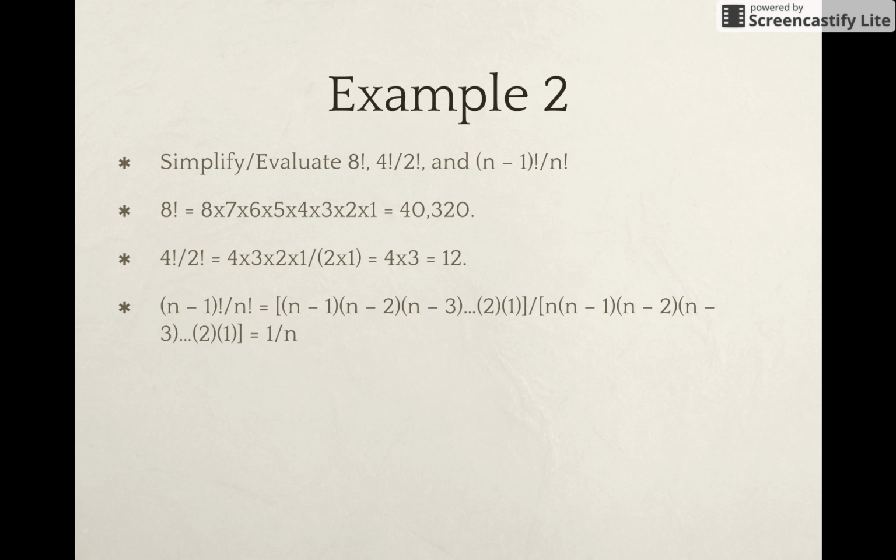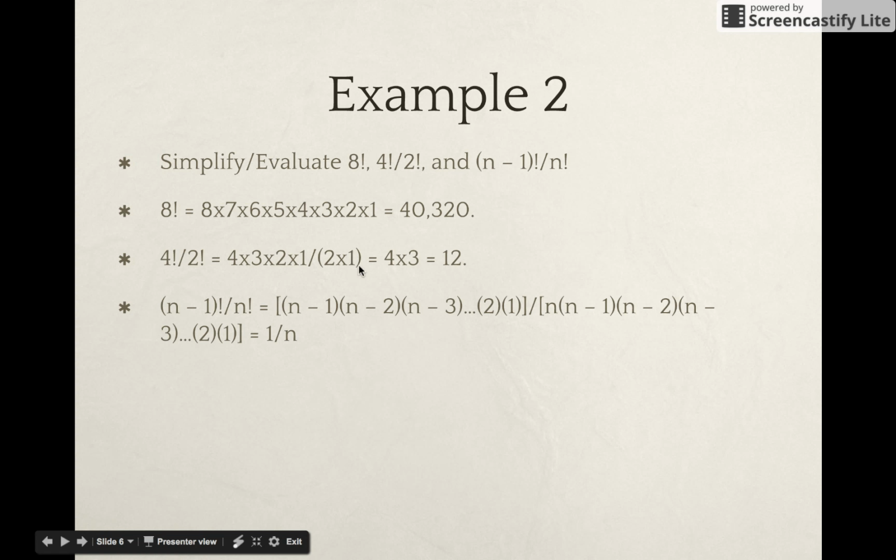For n minus 1 factorial divided by n factorial, we'll do the same thing. We'll execute the definition of factorial. So n minus 1 factorial would start with n minus 1 and then progressively reduce by 1 until we multiply by 1. And then again divided by n factorial. Similar thing occurs here as in our previous example. In our previous example, we had common factors that we could divide out.